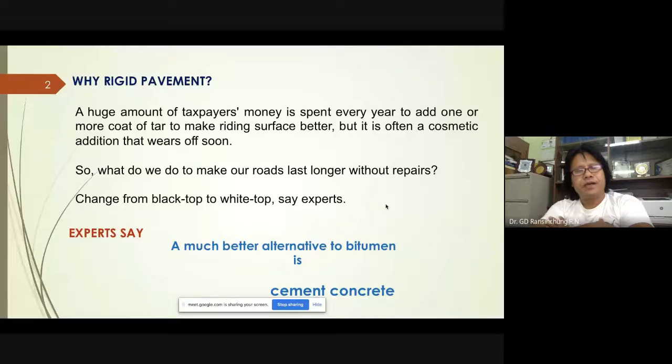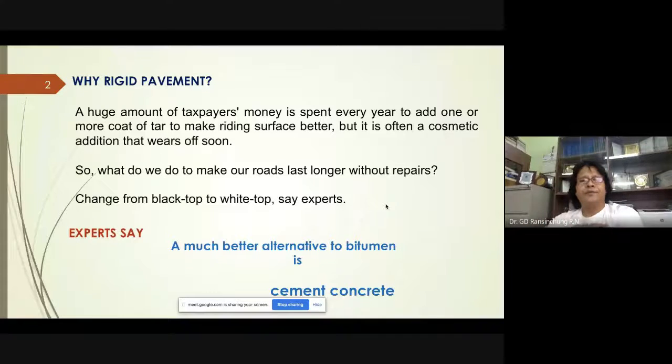A huge amount of taxpayers' money is spent every year to add one or more coats of tar. When I say tar, I mean the flexible pavement, to make the riding surface better, but it is often a cosmetic addition that wears off soon. So what do we do to make our roads last longer without repairs? So the question is that.